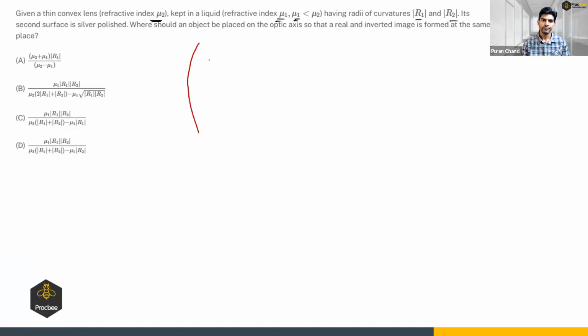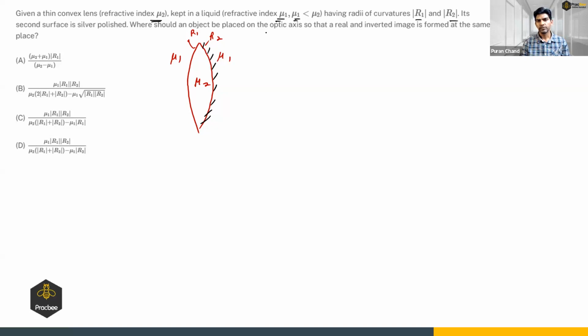So we have given a convex lens, refractive index is mu2, and there is a liquid of refractive index mu1. Radius of curvature is also given. This is r1, this is r2. Its second surface is silver polished.